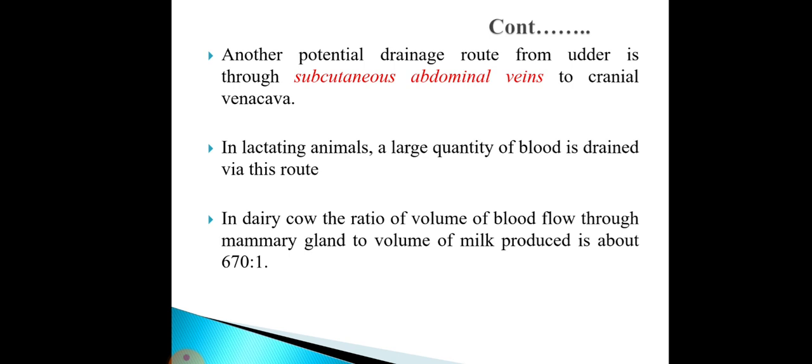In lactating animals, a large quantity of blood is drained via this route. In the dairy cow, the ratio of volume of blood flow through the mammary gland to volume of milk produced is about 670:1. Meaning from 670 ml of blood, the cow can form 1 ml of milk.